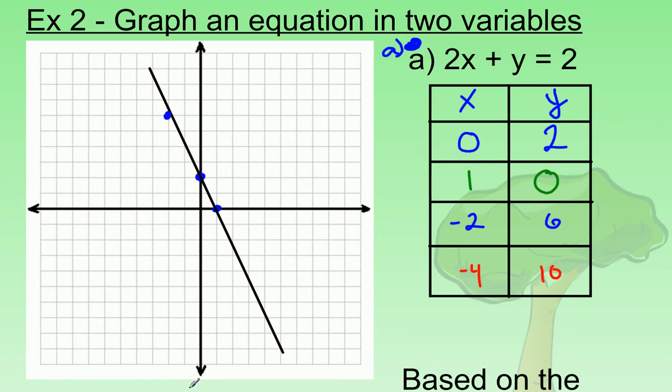See, my line was a little bit off there. So having that extra point makes it just a little bit more accurate. Negative 4, 10. Negative 1, negative 2, negative 3, negative 4. 1, 2, 3, 4, 5, 6, 7, 8, 9, 10.